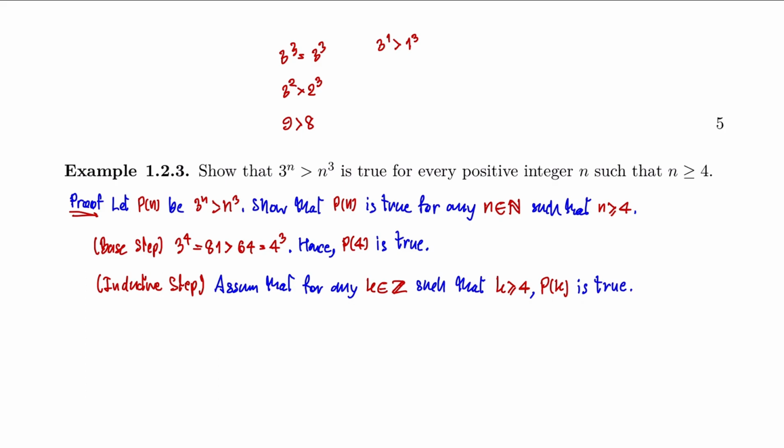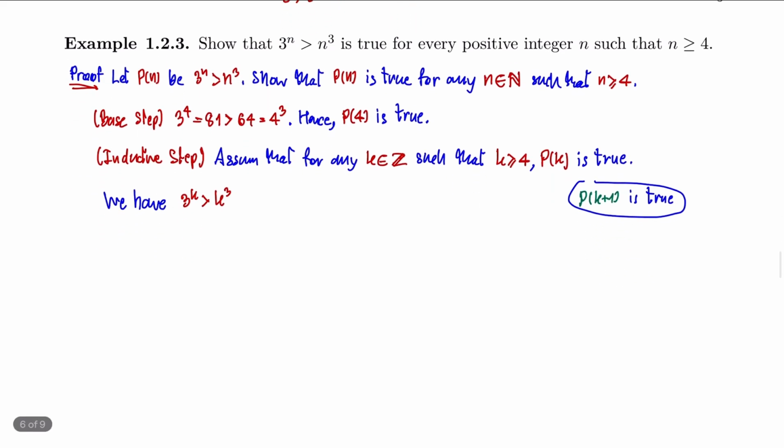When P of k is true, we have 3 to the k greater than k to the 3. And then we have to try to show that P of k plus 1 is true. That's what we have to show.